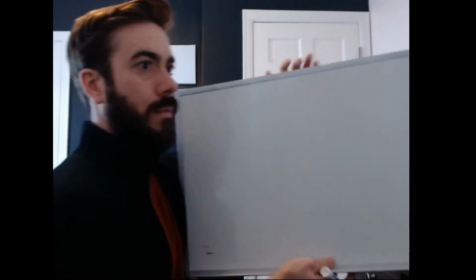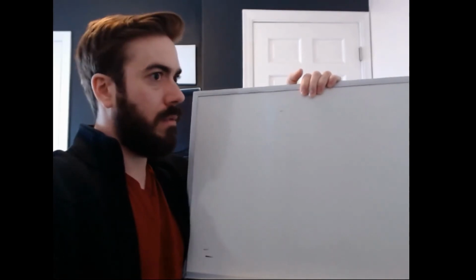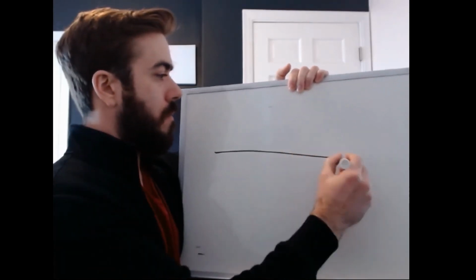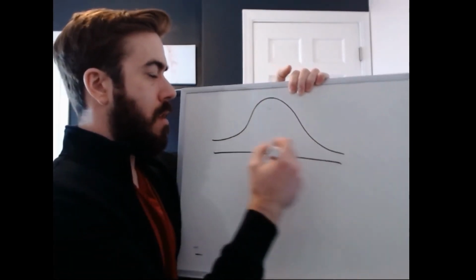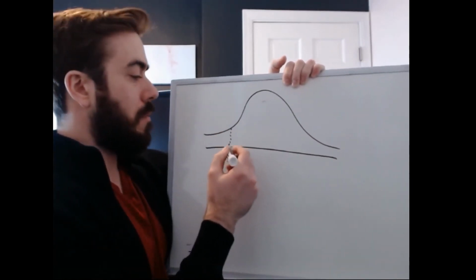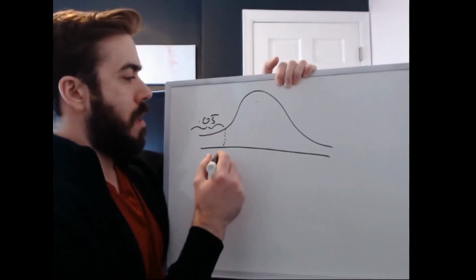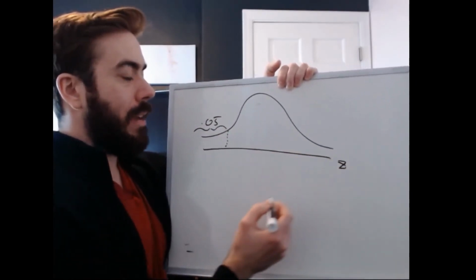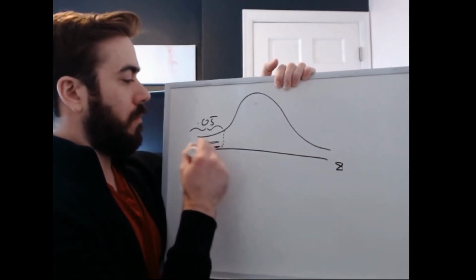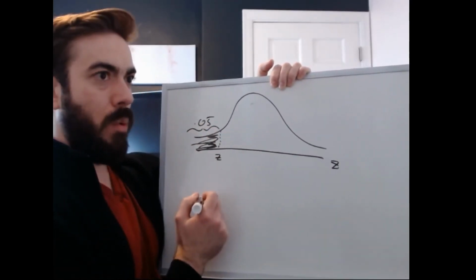If I have a left-tailed test, and I want an alpha of, let's say, 0.05, I can find what z value would give me that 0.05.